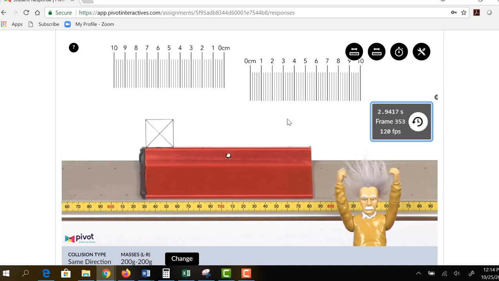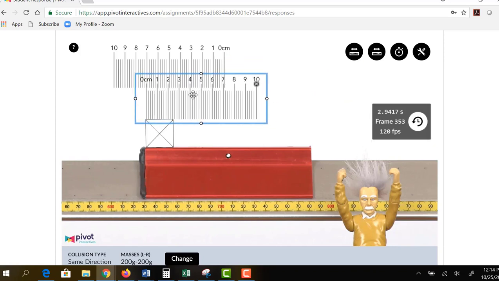So to get the speed of this, I can measure the movement of this flag, so the flag on top here. And you can see this is about 2.5 centimeters long. So 2.5 centimeters, turn that into meters, of course, so divide that by 100, so you get 0.025 meters.